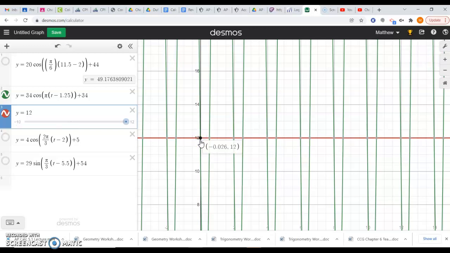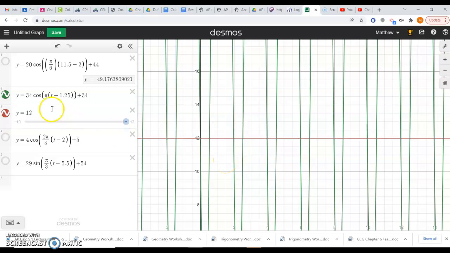The first time is negative time, so we're not going to count that. The first time is at 0.526 seconds, where we hit a height of 12. The second time is at 1.974. So it would be those two times, t equals 0.526 and t equals 1.974.